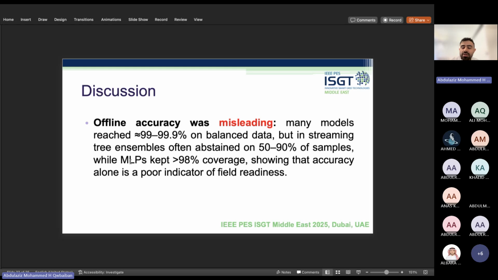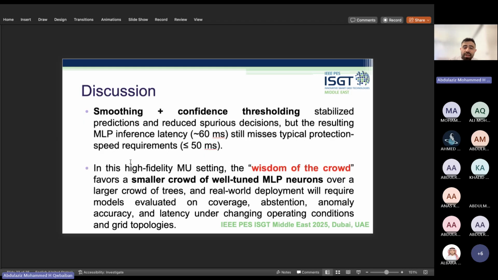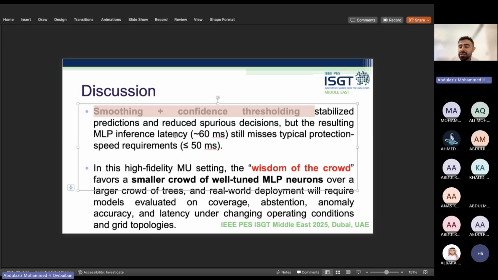So what's the lesson? Use the MLP. Decision trees or old school ones are not good. It's not only that, we have a smoothing and confidence threshold that stabilized predictions and reduced decisions, but the resulting MLP has a problem.